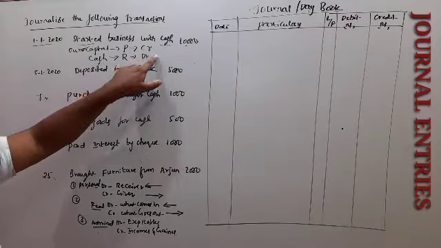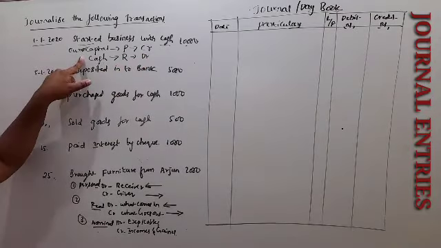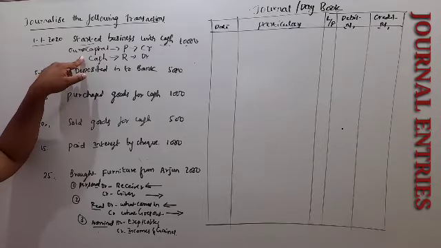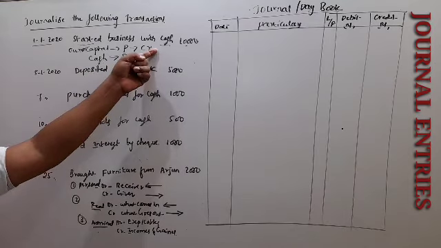Capital is credit, cash is debit. Now we have analyzed the transaction. We have classified the accounts under the English system of accounting, and with the help of the rules we got the debit and credit here.